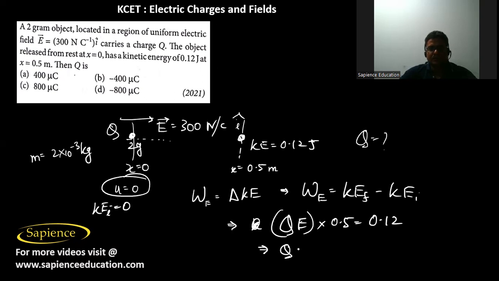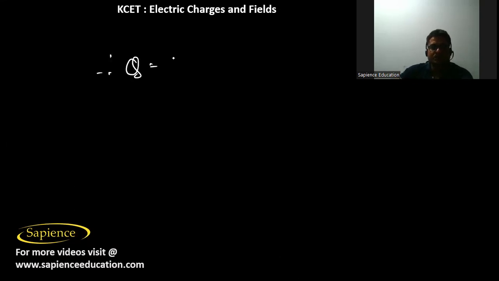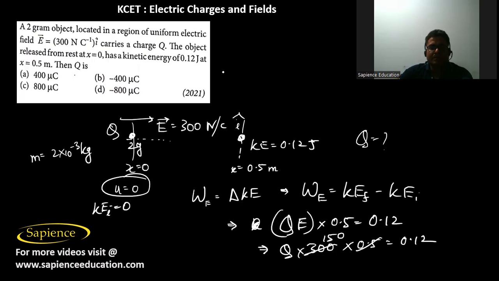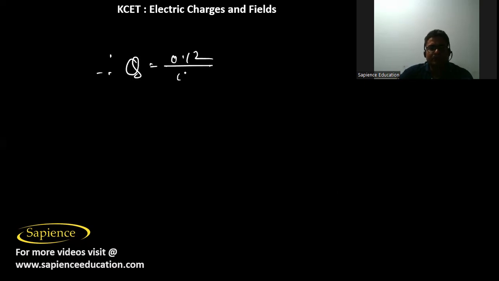So q into 300 into 0.5 is equal to 0.12. 0.5 means it is half, and half of 300 means 150. So the charge q is equal to 0.12 divided by 150 coulomb.